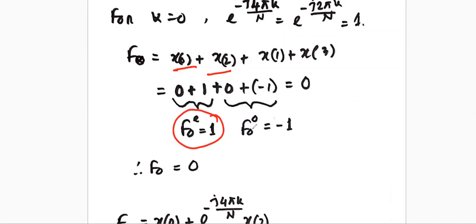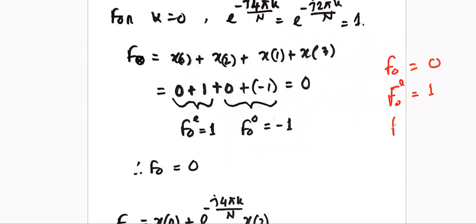And for f0 odd function, if we concentrate on x1 and x3, the summation gives -1. We can note it down. So three things we have found: f0 is equal to 0, f0 even gives 1, f0 odd gives -1. Of course, this summation should give this final result.